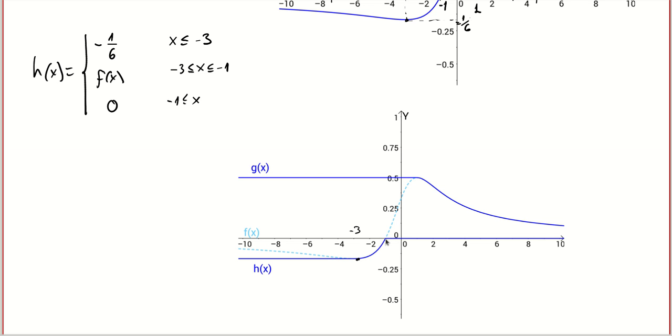And from this point on, it takes the constant value equal to 0, because the infimum of the function on the right of this point is equal to 0, for any point on the right of this. So this is the function g, this is the function h. Both functions, by the way, are continuous. By the way they are defined, they have to be continuous, but they are piecewise continuous. I mean, they have different definitions in different regions.